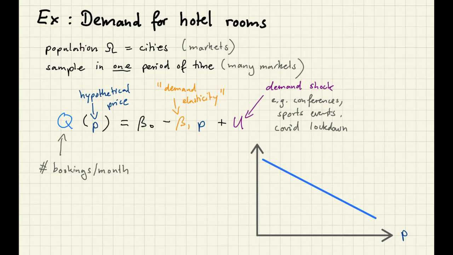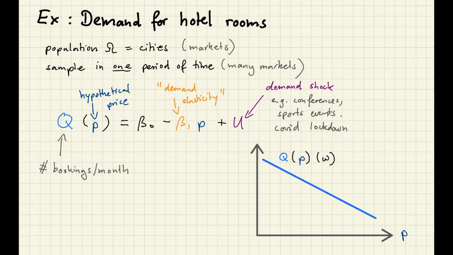This curve gives the demanded number of bookings at price P. And this could still depend on the demand shock. So to be able to plot one curve, we're evaluating this for one particular city.